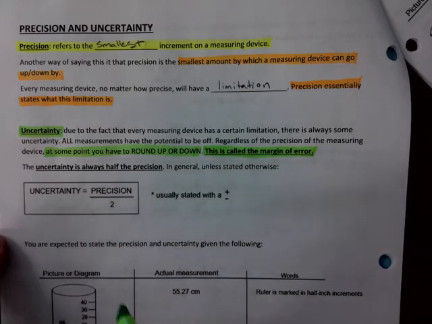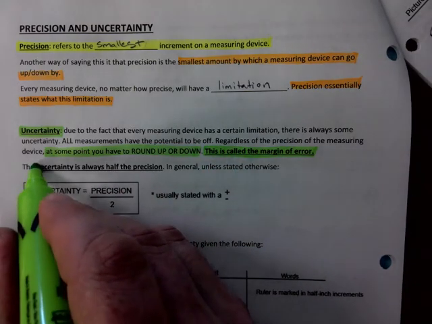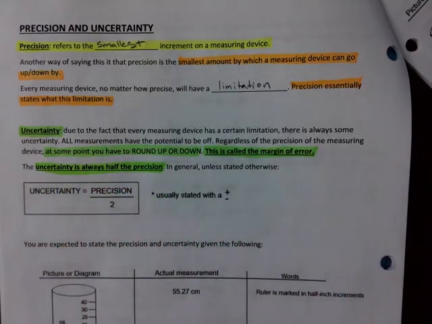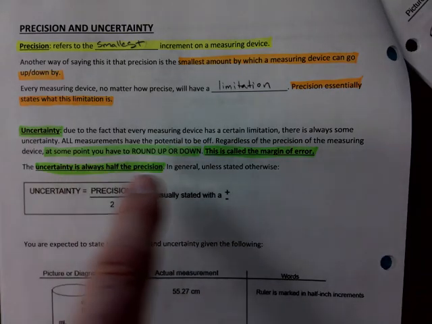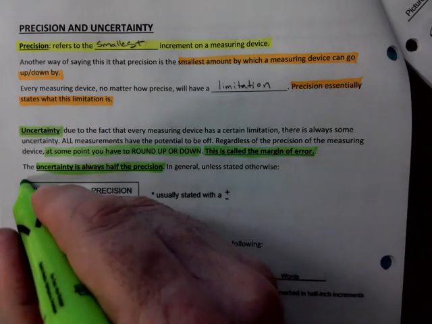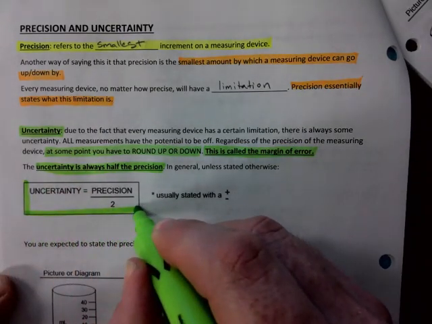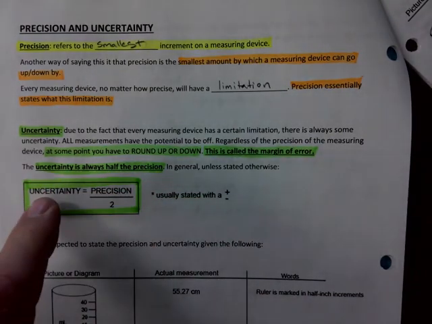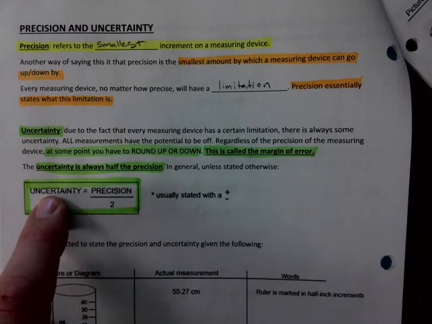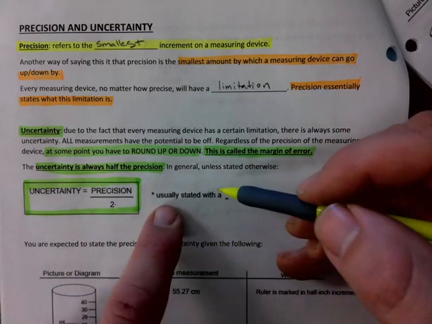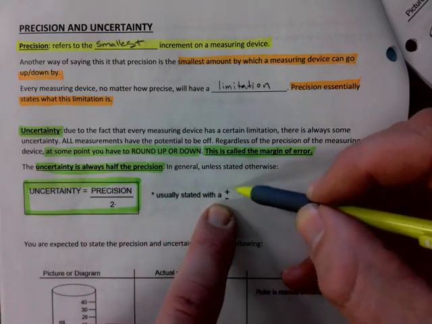And here is the important piece. Uncertainty is always half of what the precision is. Remember that. This should be on your study sheet as well. These are all going to be numbers. Right now we just have terms associated with them. But to get the uncertainty, you take your precision and slice it in half, and you have the plus or minus in front usually.